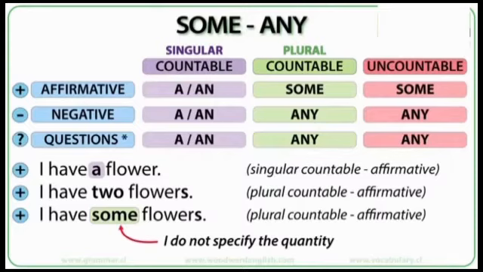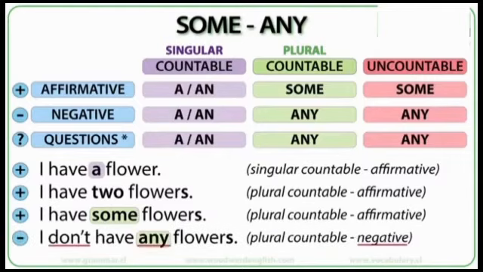But what happens if the sentence is negative? We say I don't have any flowers. Why do we use any? Because flowers is a plural countable noun, but it's also in a negative sentence.